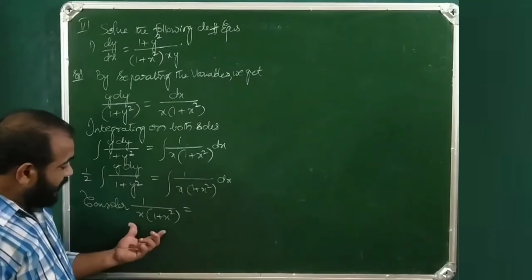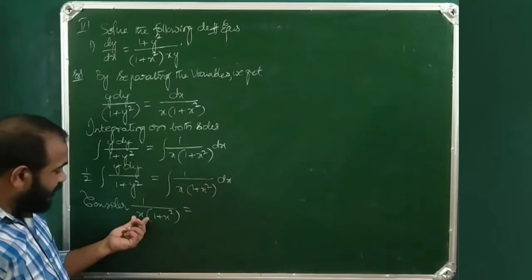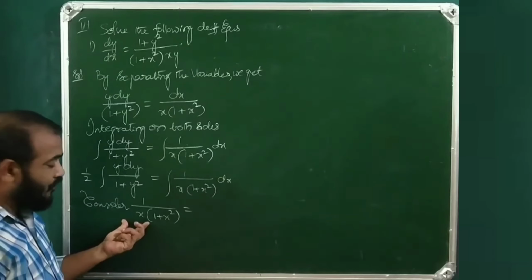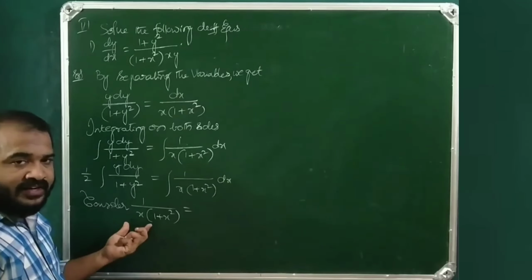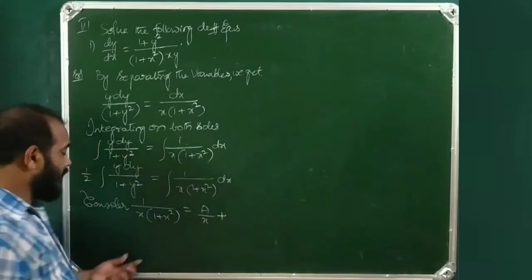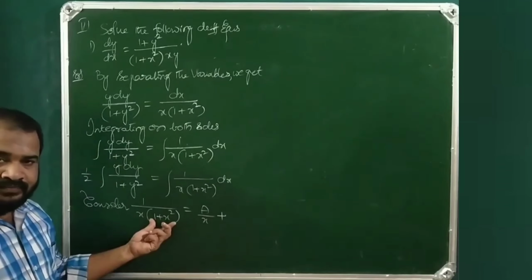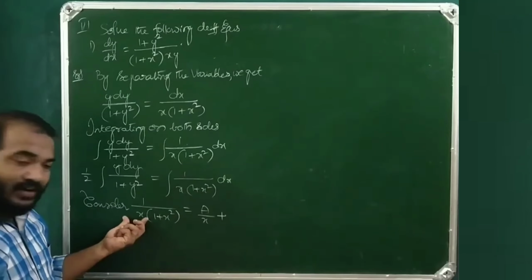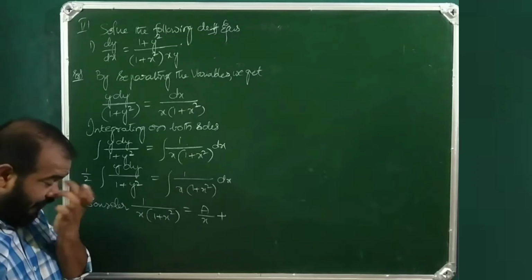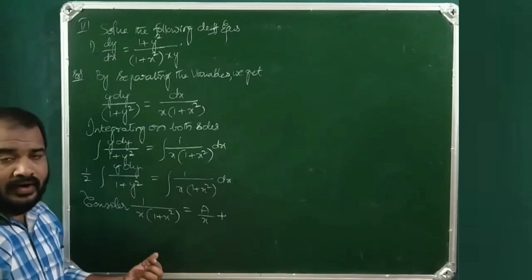So the partial fractions we can split it into: x being a non-repeated linear factor corresponds to one constant, that is a by x. 1 plus x square is not a linear factor like this; it's a quadratic factor. Which quadratic factor? Irreducible quadratic factor. What is an irreducible quadratic factor?